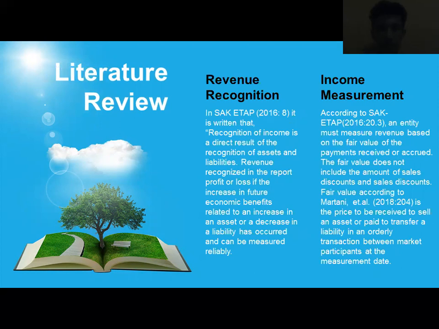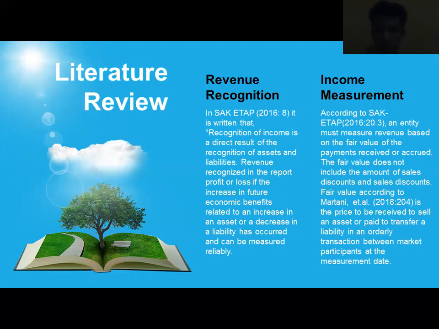The next is revenue recognition in SAK ETAP 2016, page 8. It is written that recognition of income is the direct result of the recognition of assets and liabilities. Revenue recognition in the report profit or loss is an increase in future economic benefit that led to an increase in an asset or a decrease in a liability has occurred and can be measured readily.